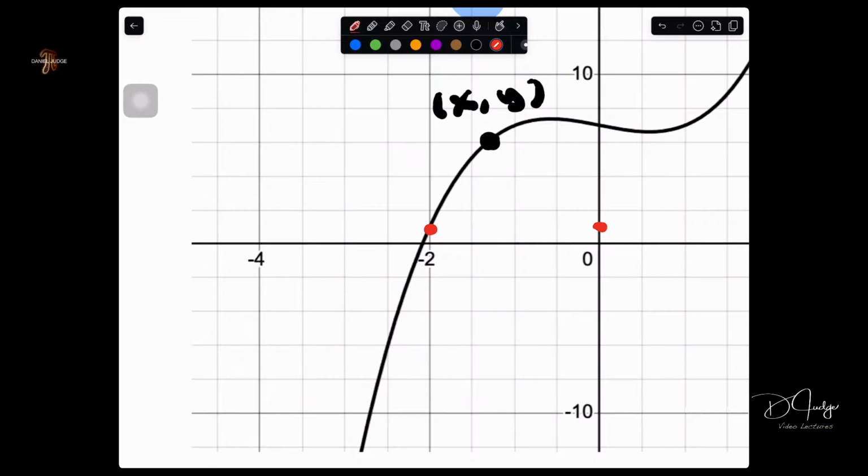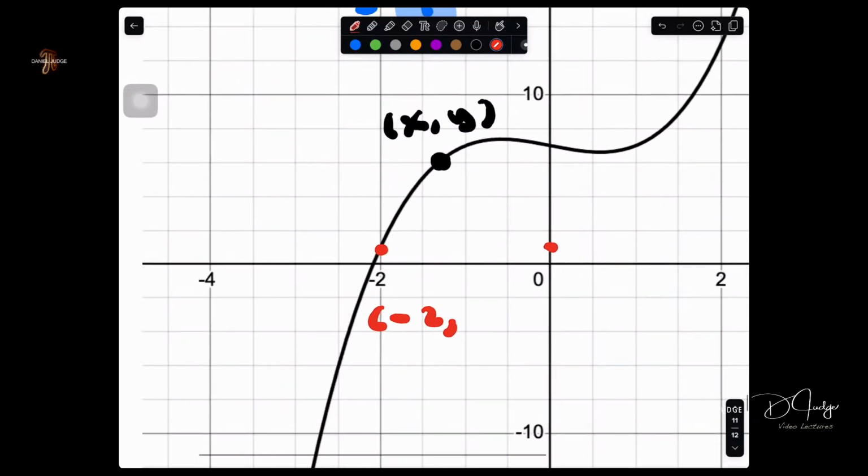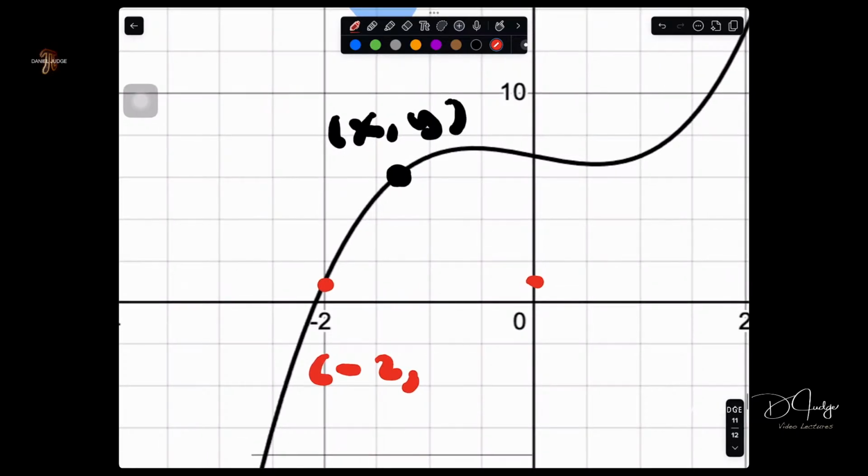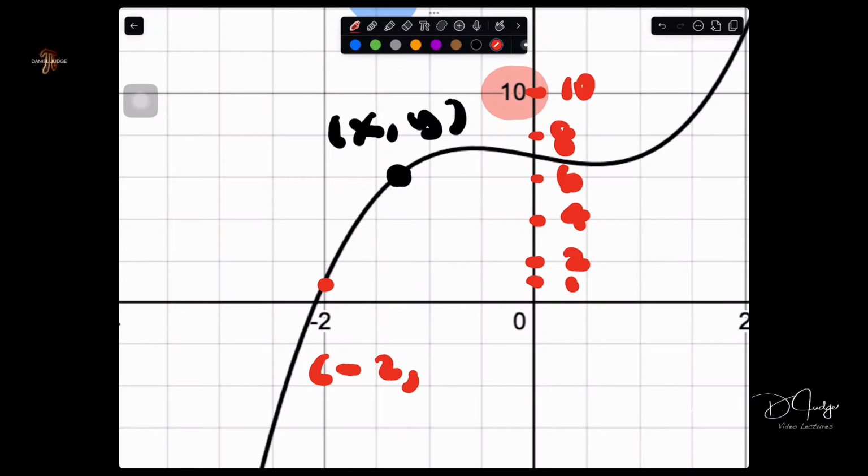Okay, so it looks like x is -2, and notice this. Since this up here is 10, every dash mark is units of 2. 2, 4, 6, 8, 10. So halfway here, half of 2, this is 1.